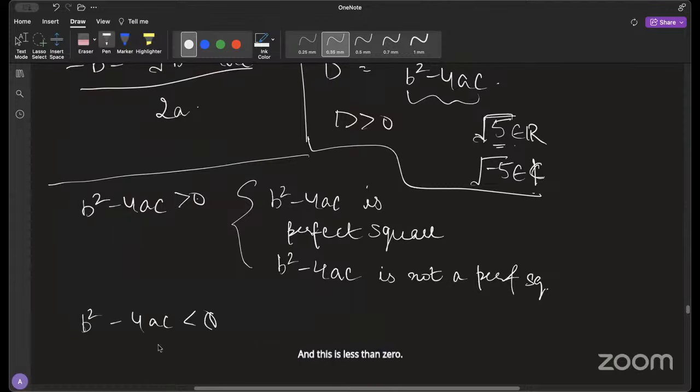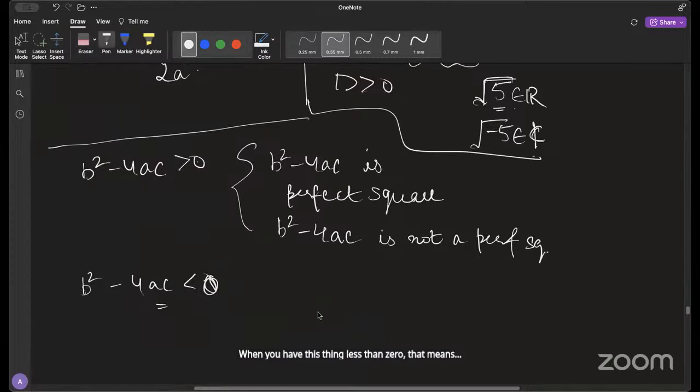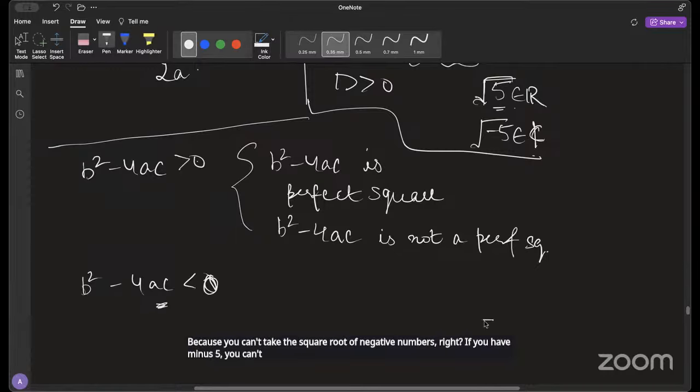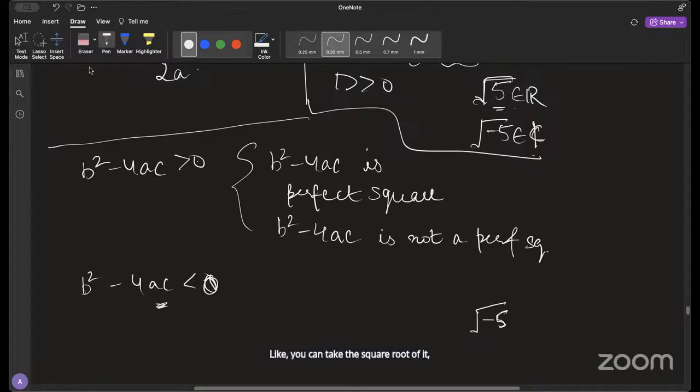When you have this less than 0, in your quadratic formula you can't take the square root of negative numbers. If you have -5, you can take the square root of it, but it won't be a real number. Since we're only discussing real numbers, you won't have a real root. So this implies no real root.